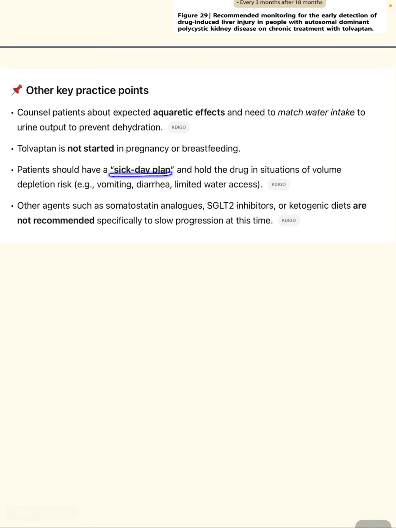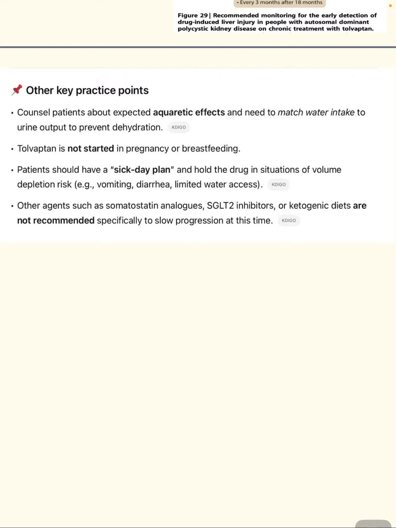There is also a sick day rule, a sick day plan. KDIGO advises temporary discontinuation of the drug during diarrhea, vomiting, poor oral intake, any febrile illness, and limited access to water. At that time, temporary discontinuation is suggested.